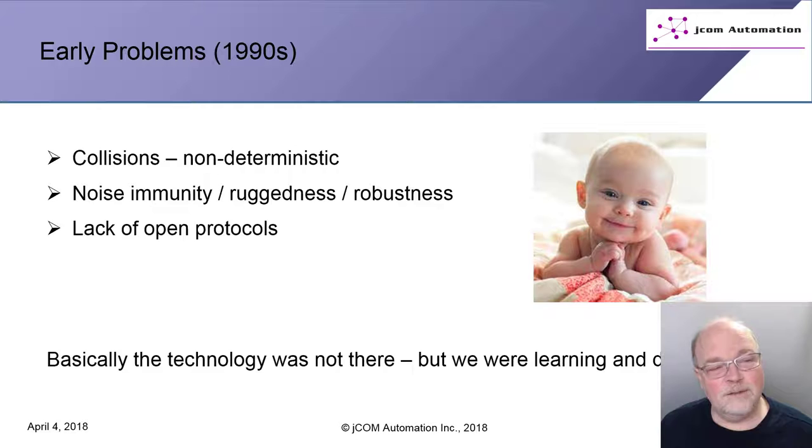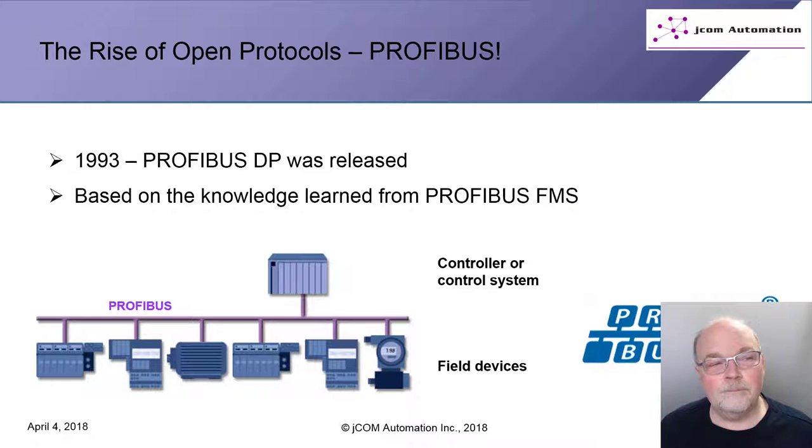So early 90s, not quite ready. The rise of open protocols also occurred during this time. So in the 90s, we had Ethernet stuck with still being non-deterministic, and industry started to shift towards open protocols.